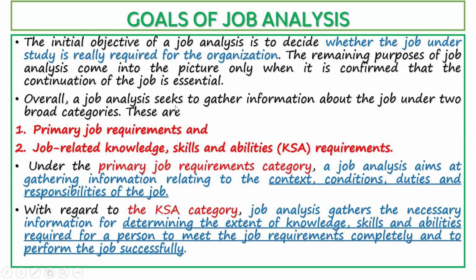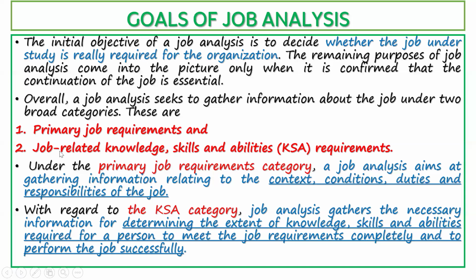Overall, a job analysis seeks to gather information about the job under two broad categories. So when we are doing a job analysis, we always want to get two classes of information. Number one is the primary job requirements.